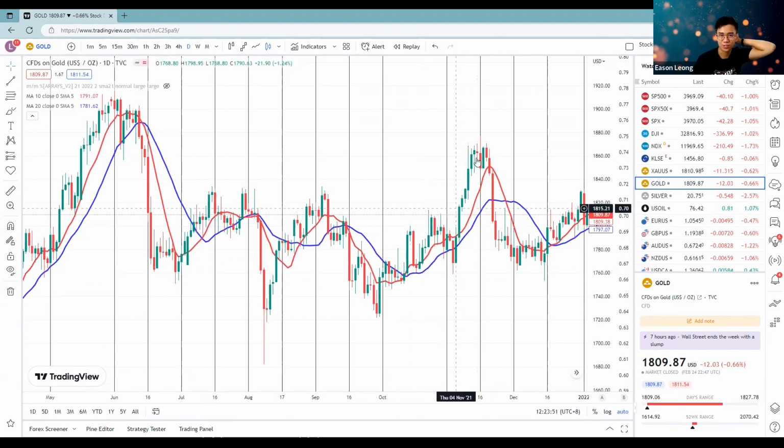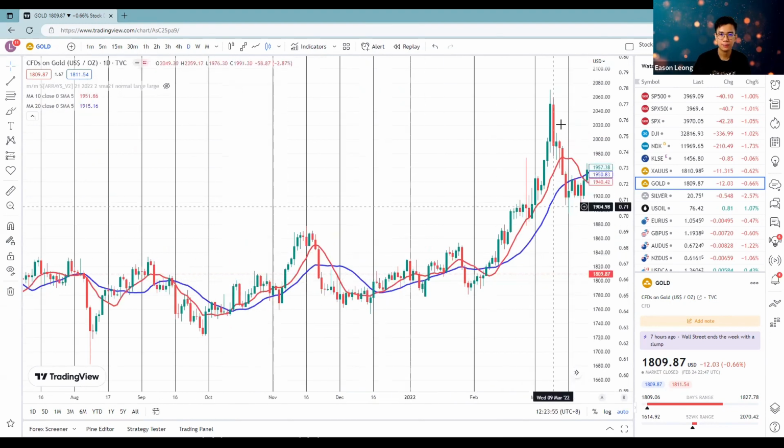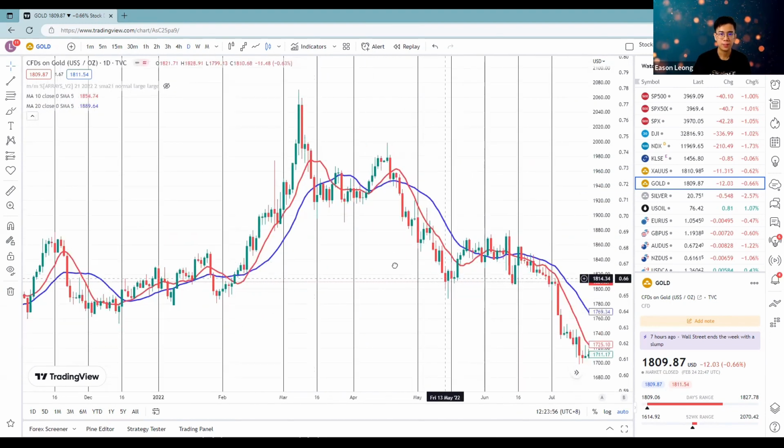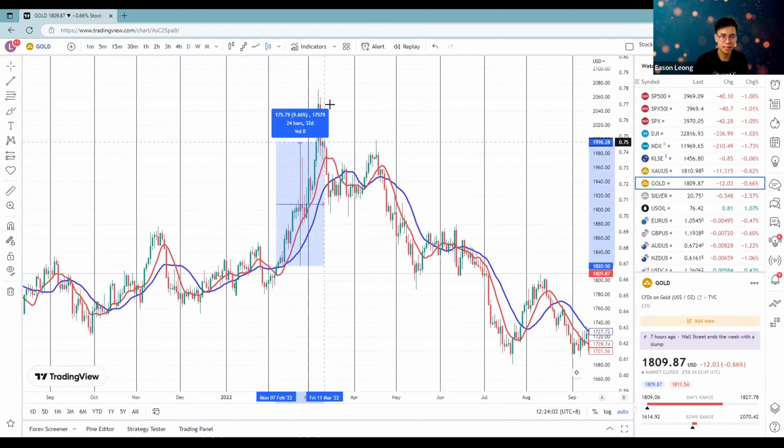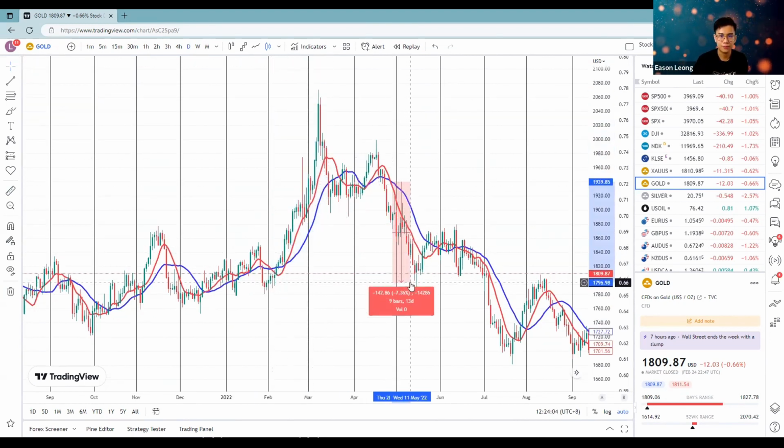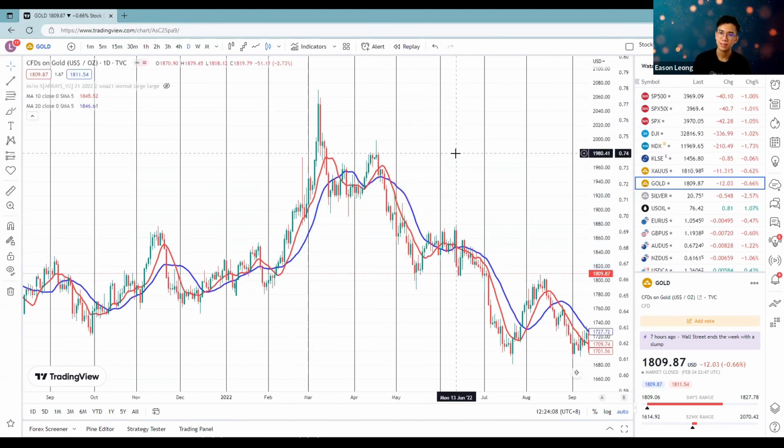Meaning that this is not considered a trend line, right? Consider it as a swing up, swing down, swing up, and then swing down. So moving average needs to have a big up move and then a big down move in order to capture the profit. If you're using 1 minute or 5 minute, you're dead. The 1 minute and 5 minute also don't move. How can you profit from there?